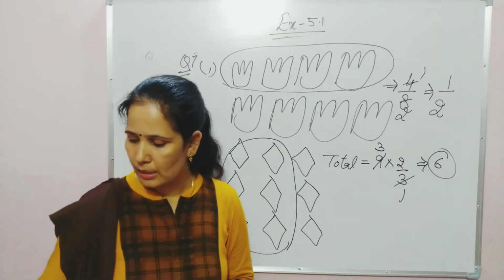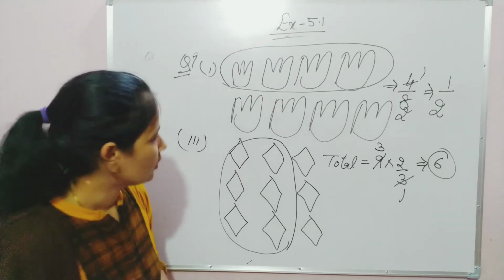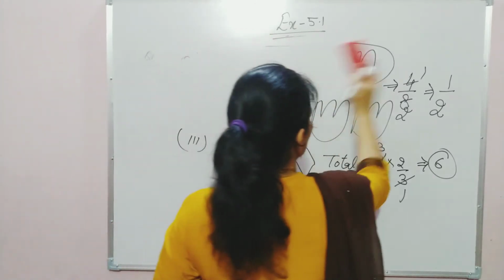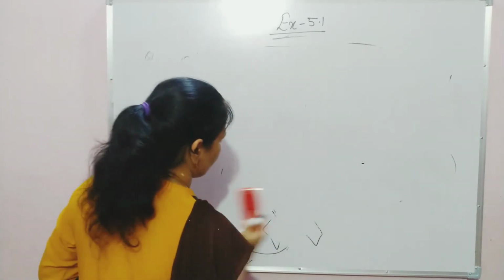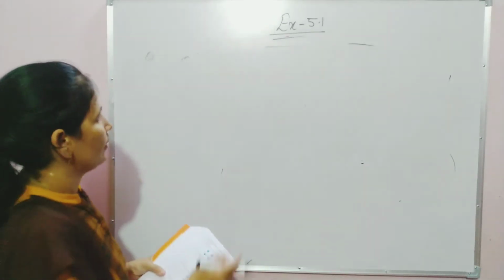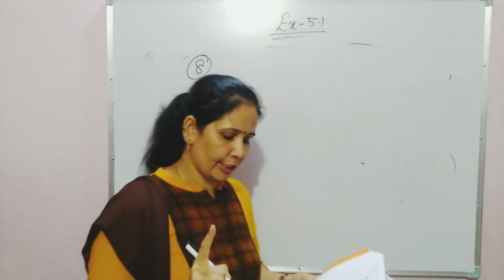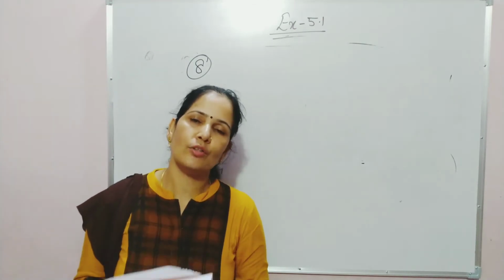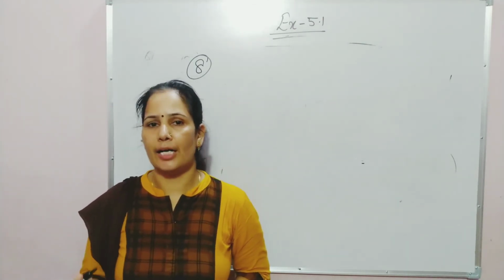Okay students, this is our question number 7. Now question number 8. If I need to find half, what do I do? Students, if you want to find the half of any number, then always divide by 2.